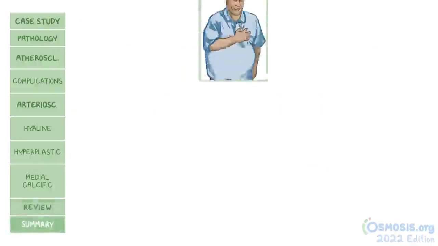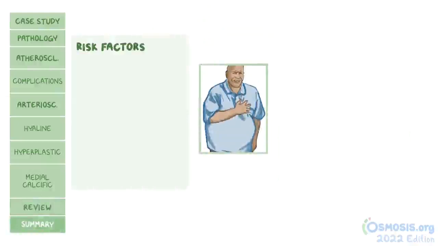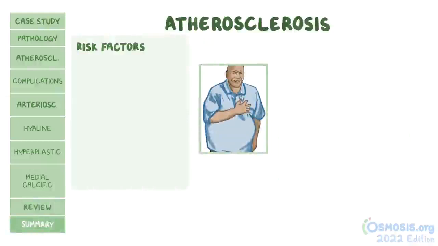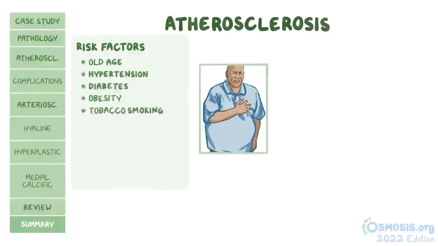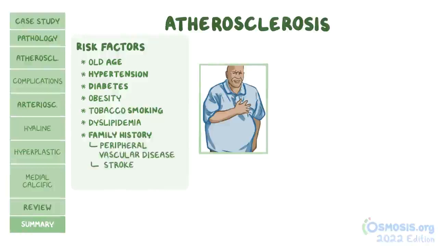Back to our case. Mikhail had multiple risk factors for atherosclerosis, including old age, hypertension, diabetes, obesity, tobacco smoking, and dyslipidemia. He also had a family history of atherosclerosis, as his father likely had a peripheral vascular disease and died from a stroke.